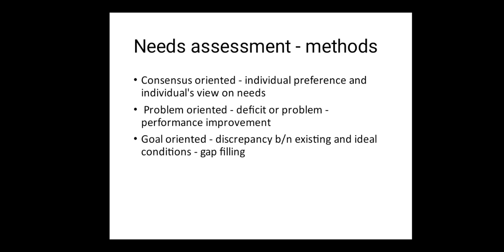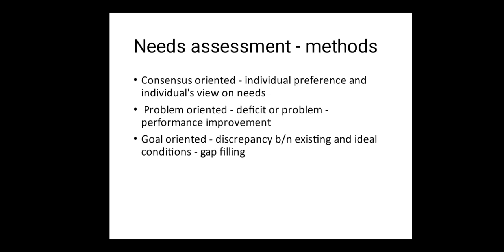So the methods for needs assessment. There are three methods: consensus oriented, problem oriented, and goal oriented. Three methods are generally followed for needs assessment. In consensus oriented methods, the focus is on individual preference and the individual's view on needs. So the focus is on what an individual prefers or what an individual wants.